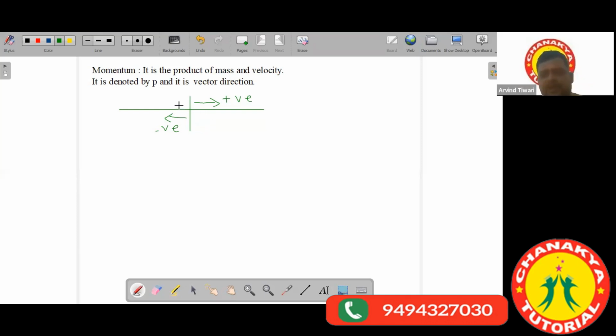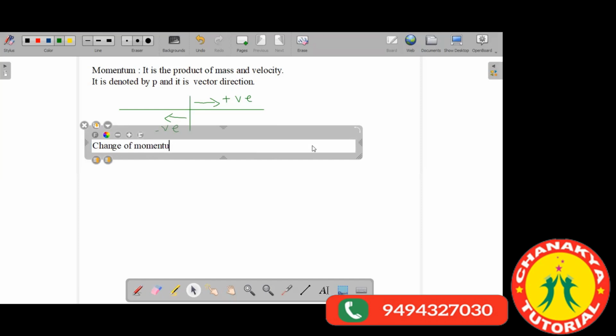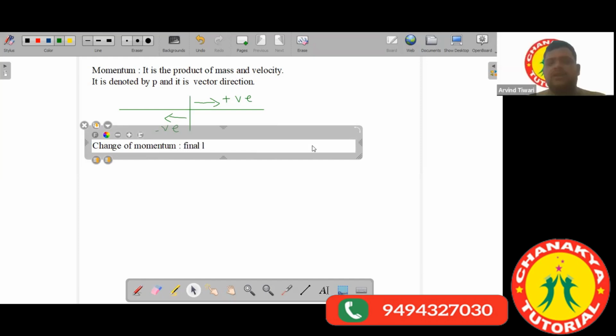So here, whenever you are talking of the direction, you will say the positive direction and the negative direction. Okay. And on this basis, we had found out a quantity, the change of momentum. We had seen how to find out the change of momentum. So, Harshit, how do we find out the change of momentum? So change of momentum is equal to final momentum minus initial momentum. Yes, very good.